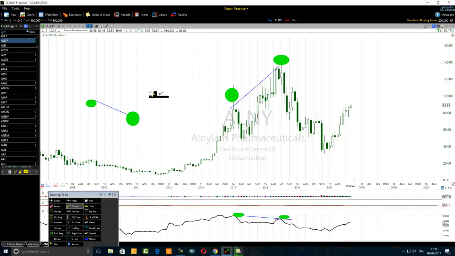You want to pay attention to the price going up because the RSI is going down. You want to examine the structure of the price at the time when the RSI is going down. So the RSI is going down. What was the price doing during that time?